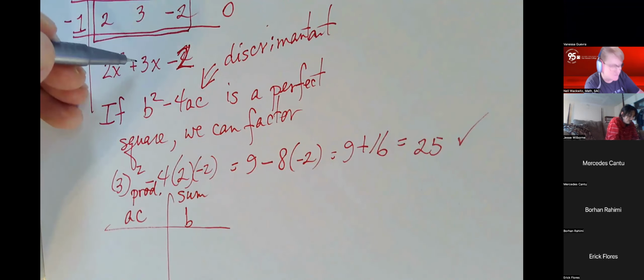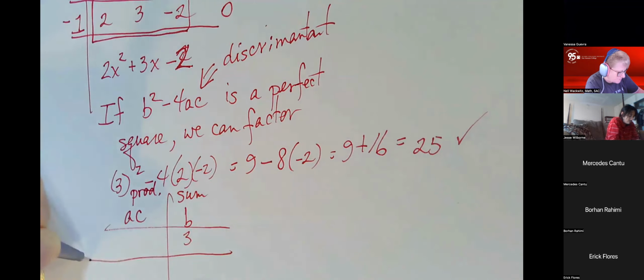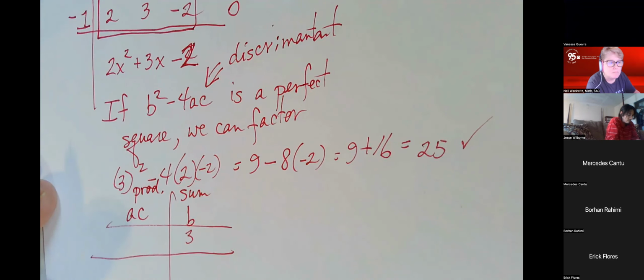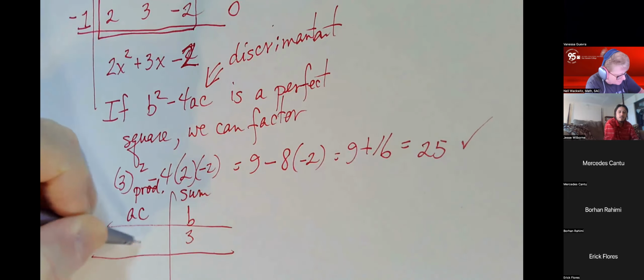Let's see, B is 3. What is A times C? Two times -2, -4.